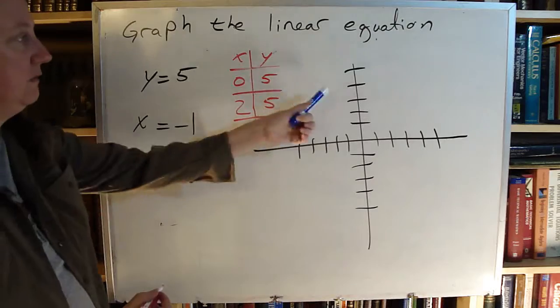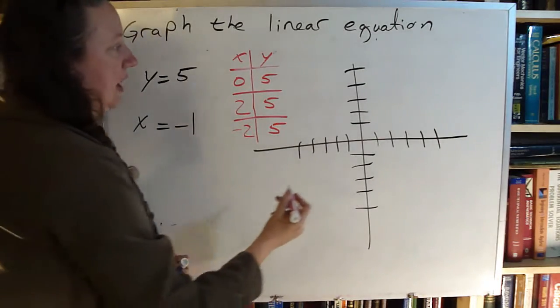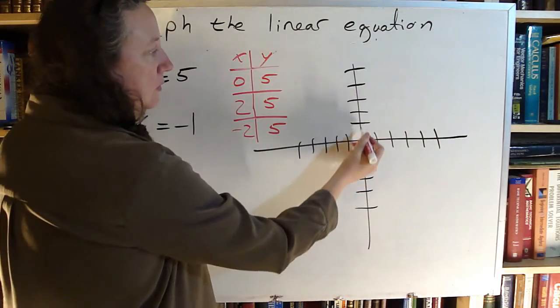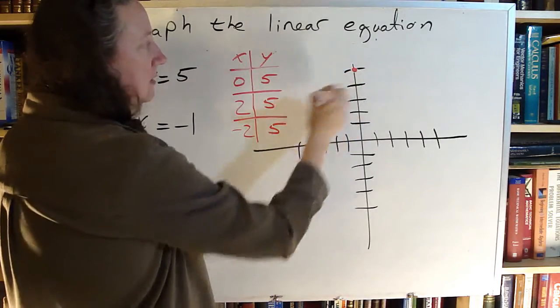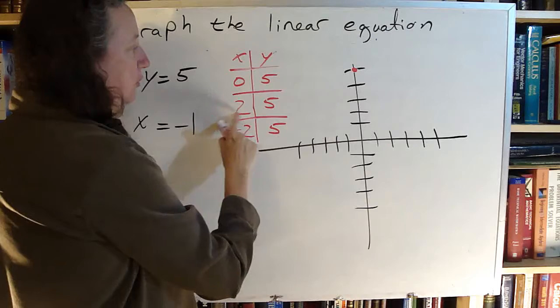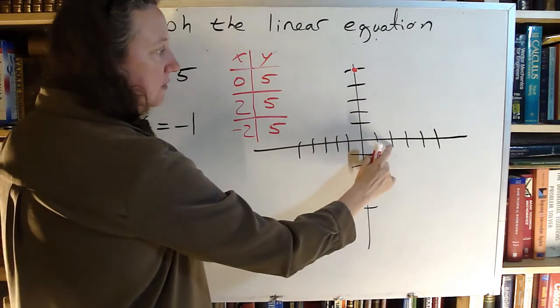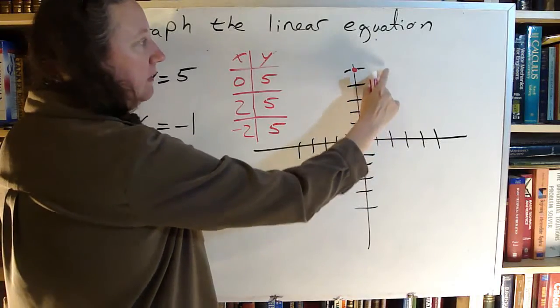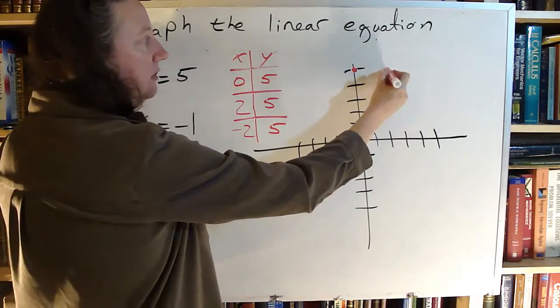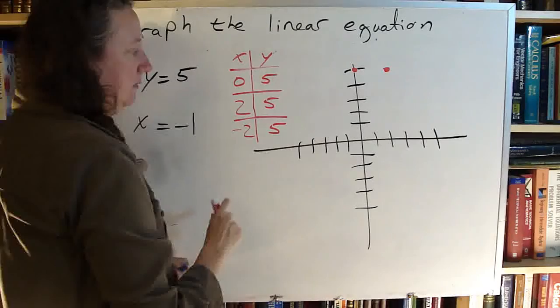So if I take these over to my graph, 0, 5, 0, 1, 2, 3, 4, 5, there's a dot there for that first one. 2, 5, go 2 in my x direction, go up 5, 1, 2, 3, 4, 5, there's a dot for that second one there.